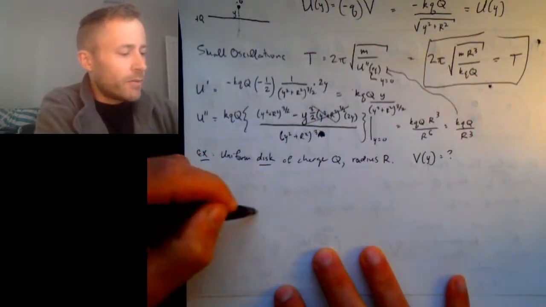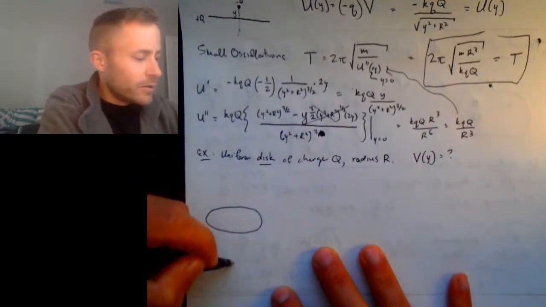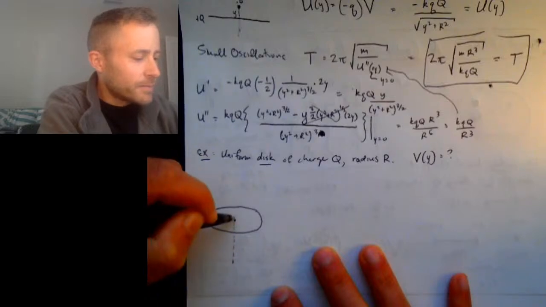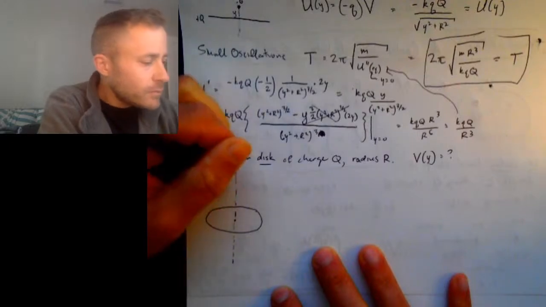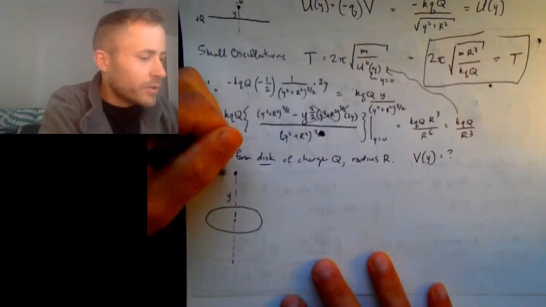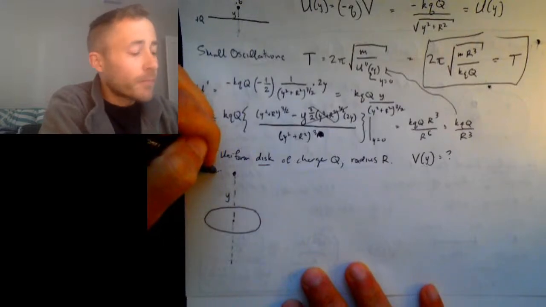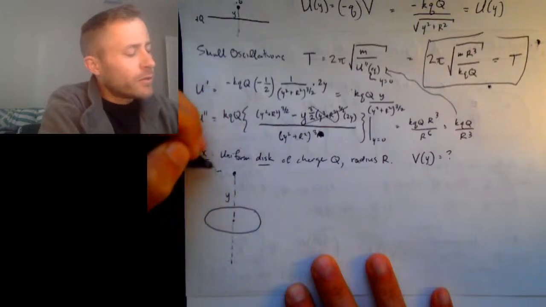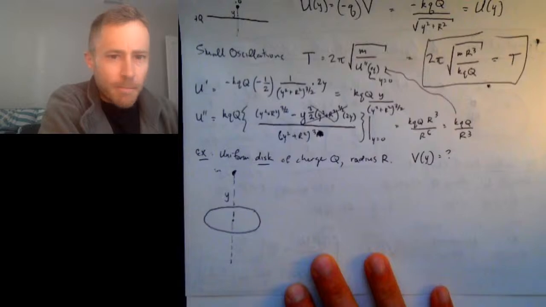So the difference is, here's the axis of the disk. Here's the center. Boom, like that. There's my point P. It's a distance y. All right. And so we want to know what is the potential right there.